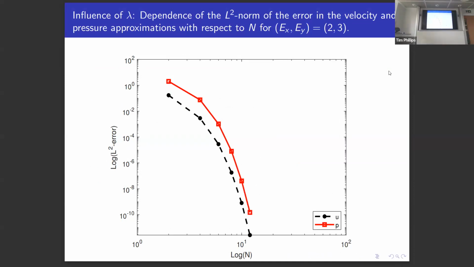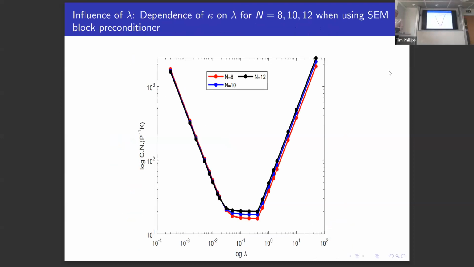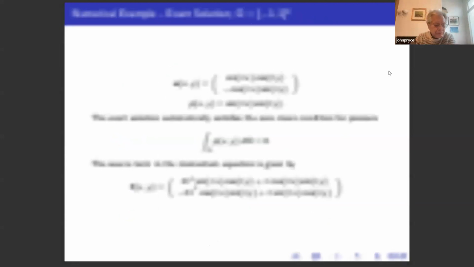So if you're approximating either a function or the solution of a PDE that is smooth, the spectral approximations converge faster than algebraic, faster than any finite power of 1 upon n. Okay, so let me just go back.